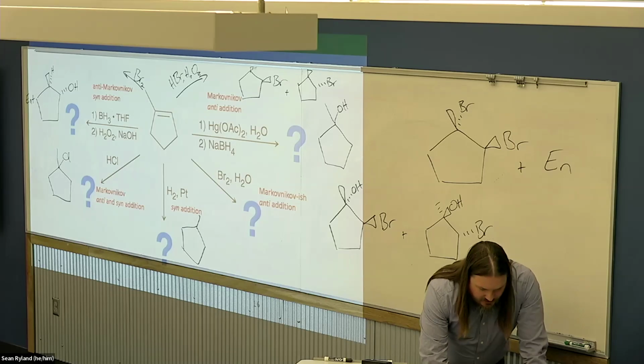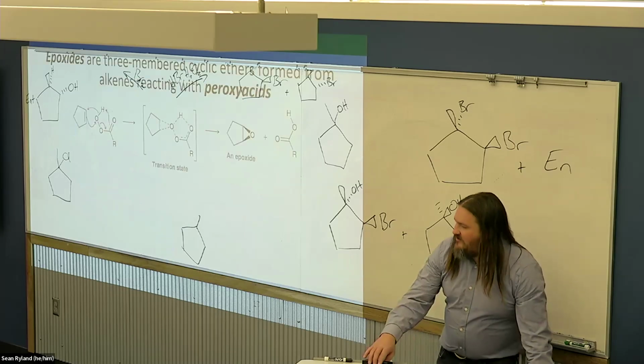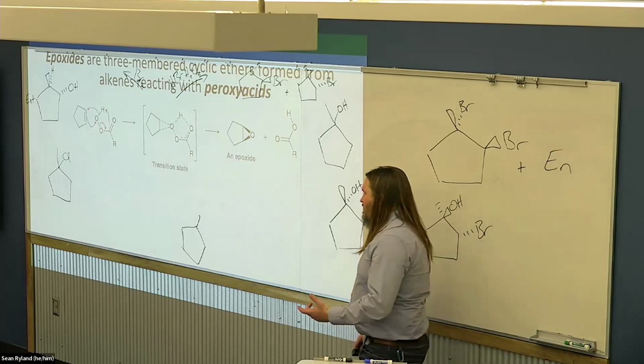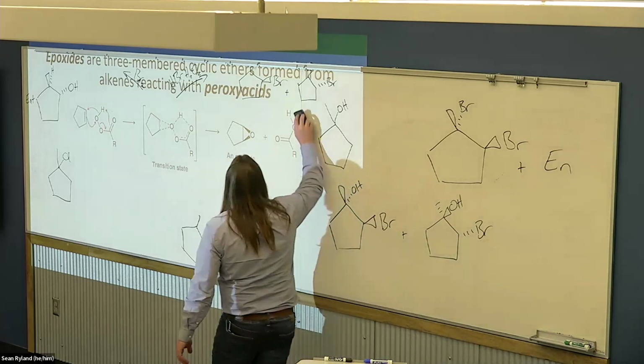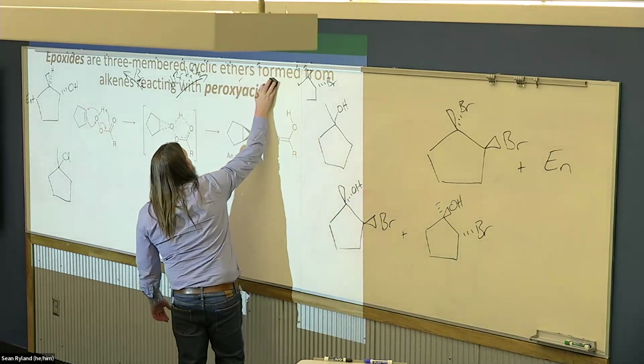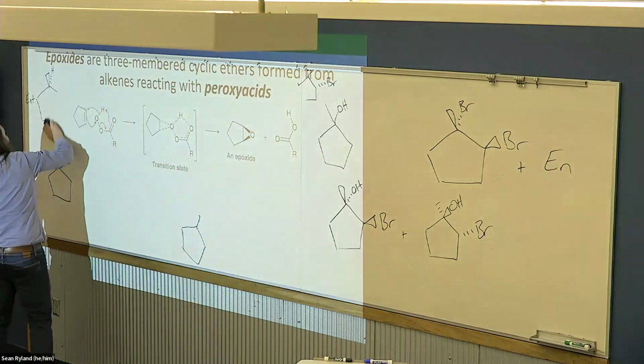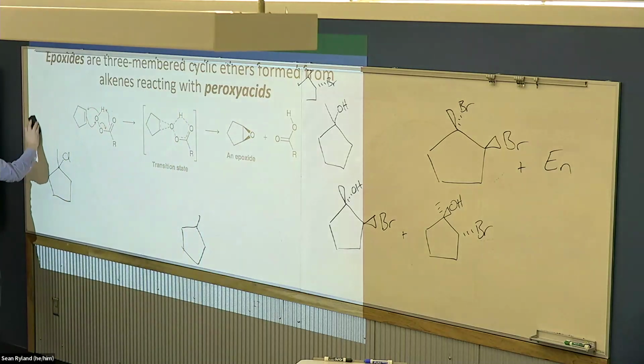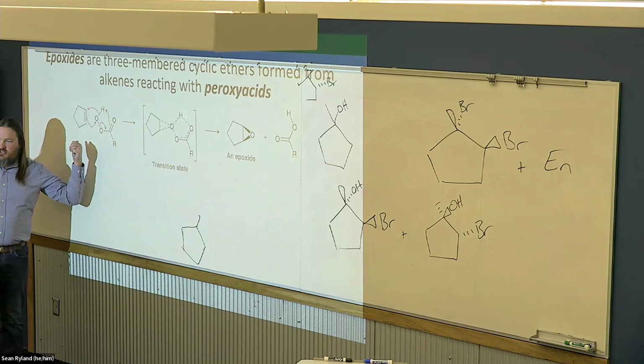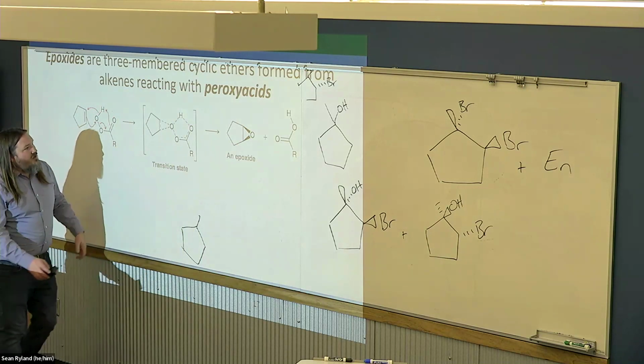So in addition to these bromine three-sided rings and these mercury three-sided rings, you can also make what are called epoxides, which I think we've referenced before. We talked about those a little bit last quarter, right? The epoxide is a three-sided ring where you've got oxygen as part of the ring.